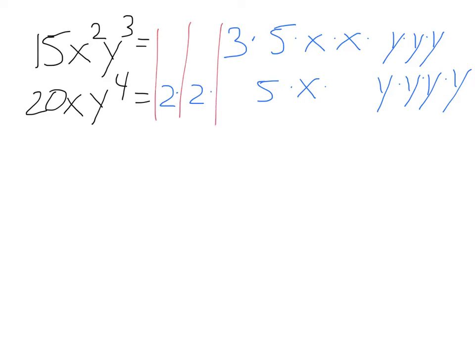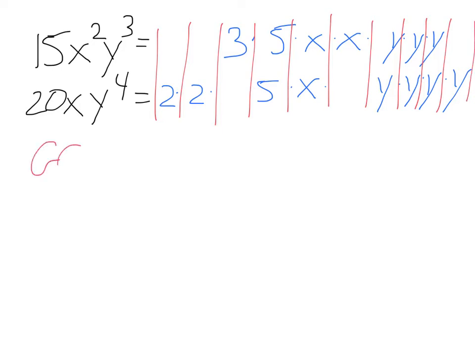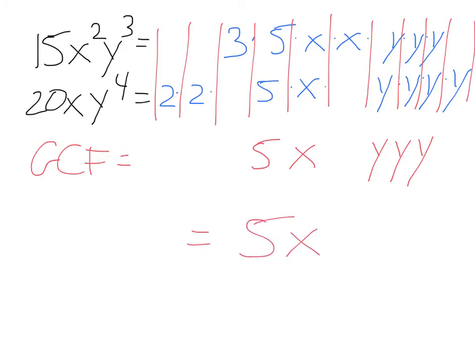Make my columns. And my greatest common factor would be 5x, y, y, y, or 5x y cubed. Now, how many of you got that correct? Awesome.